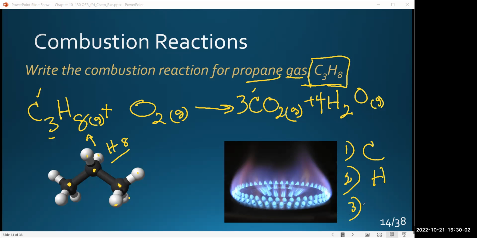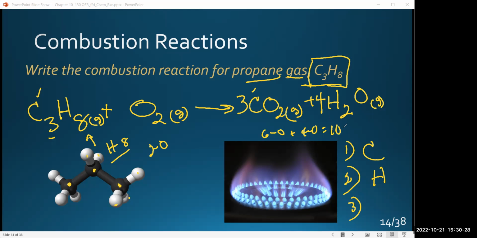Finally, you balance the oxygens. Okay, so we got 2 oxygens on the left-hand side, but on the right side, don't forget, count all of the oxygens. We have some oxygens in the form of carbon dioxide and some oxygen in the form of water. So we got 6 oxygens coming as carbon dioxide, and then we got plus 4 coming as water.